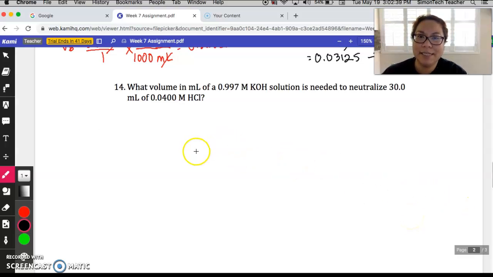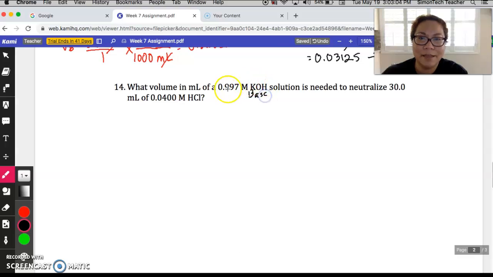So for number 14, what volume in milliliters of a 0.997 molar potassium hydroxide solution is needed to neutralize 30.0 milliliters of 0.0400 molar hydrochloric acid? Okay, so the KOH here, again, an OH, that's your Arrhenius base. That tells you that this is your base.